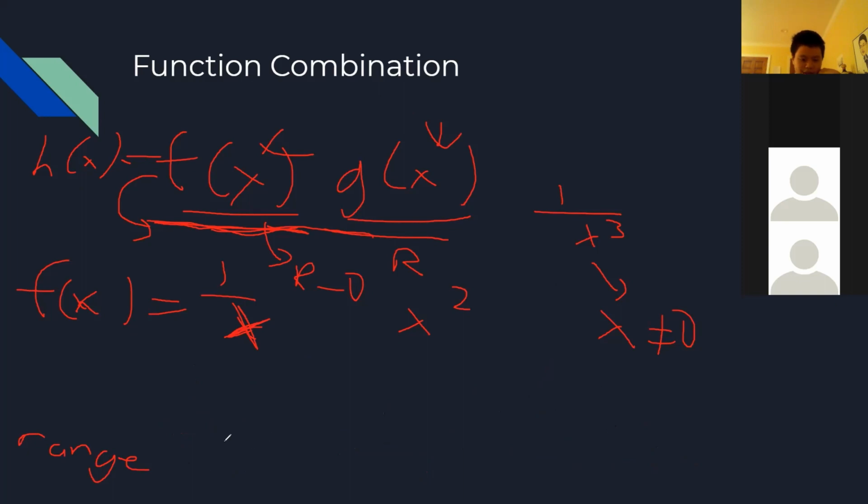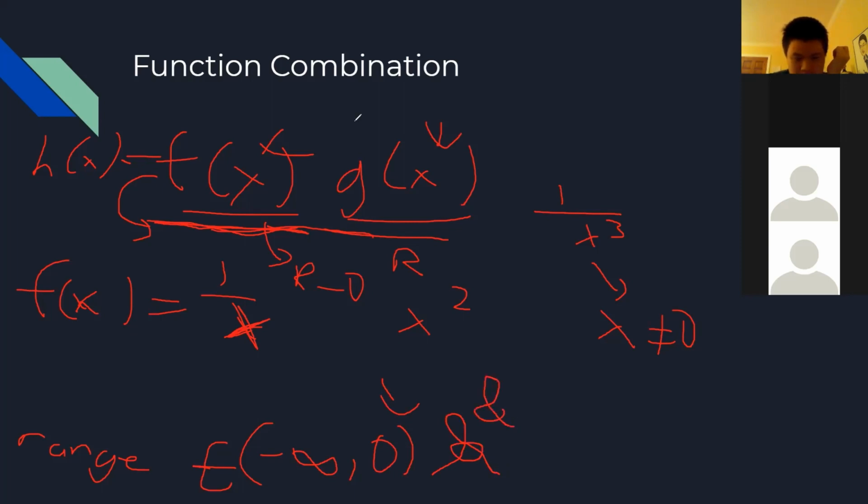This three-lined symbol, parentheses, negative infinity, 0, parentheses, which means that it can't be 0 or negative infinity, and which is this. No, it's this.